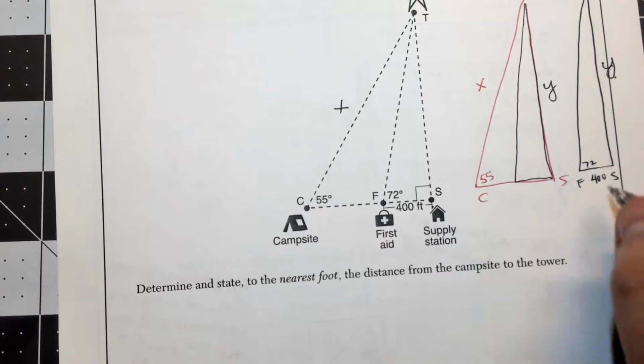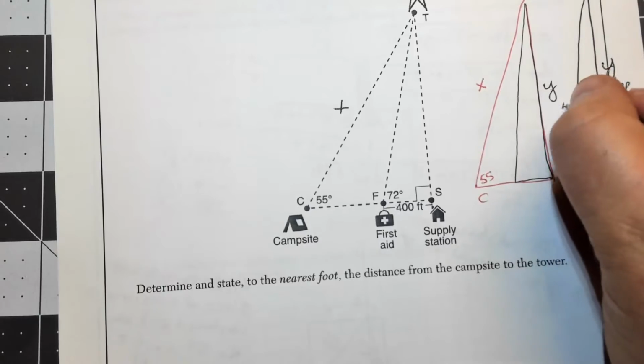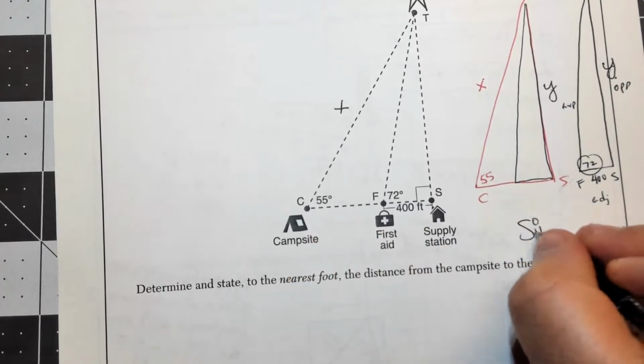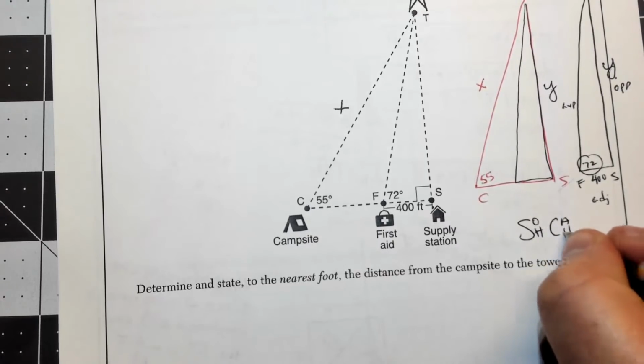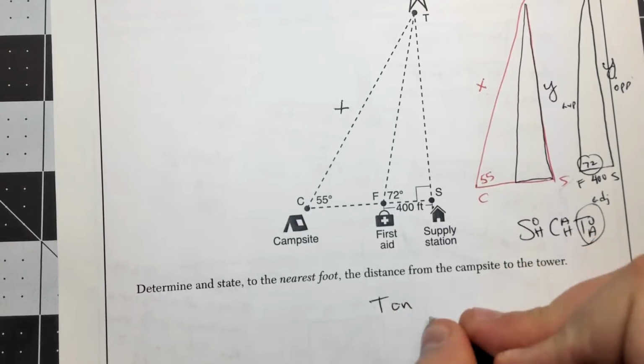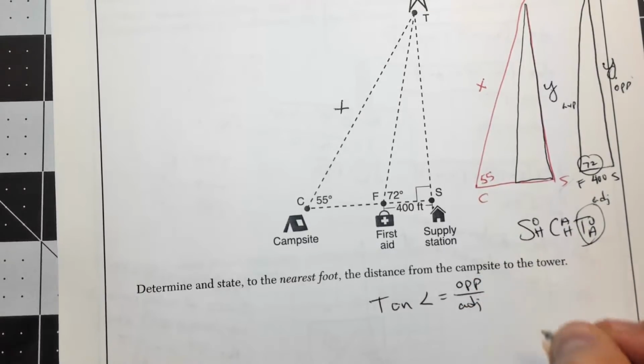All right. So starting with the small triangle, there's our angle 72. This is opposite. This is adjacent. Here's my hypotenuse. So remember SOHCAHTOA, and we're going to pick the opposite and adjacent, so we're going to pick TOA. The tangent of my angle is equal to the opposite leg over the adjacent leg.